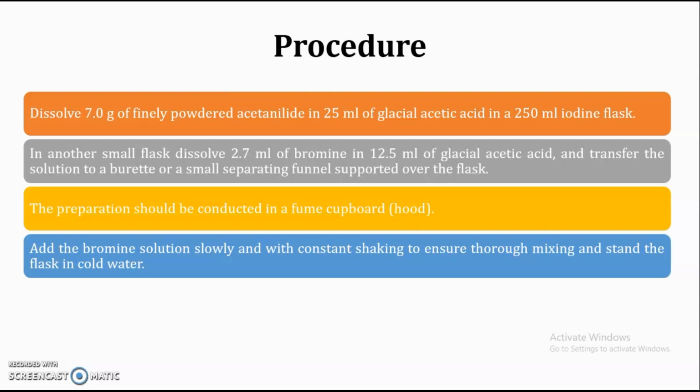Generally, you can take a burette or separating funnel in which you place the bromine solution, so that we can add the bromine dropwise. If the quantity of your bromine solution is less, then you can use a pipette to carry out the addition of our bromine solution.